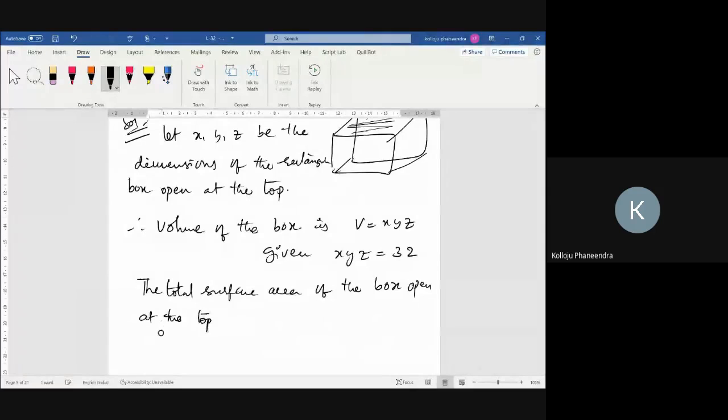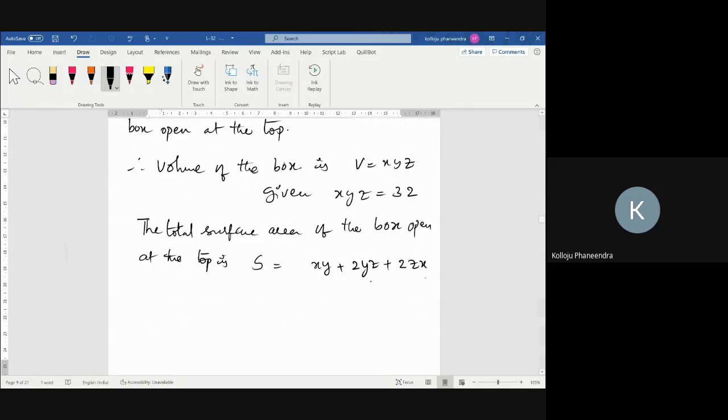If the top is not open, the surface area is S equals 2xy plus 2yz plus 2zx. Two positions, front and back, and down and up. But up is open now, so you delete one of the terms, either yz, zx or xy. I'm neglecting it in xy. This is the total surface area.